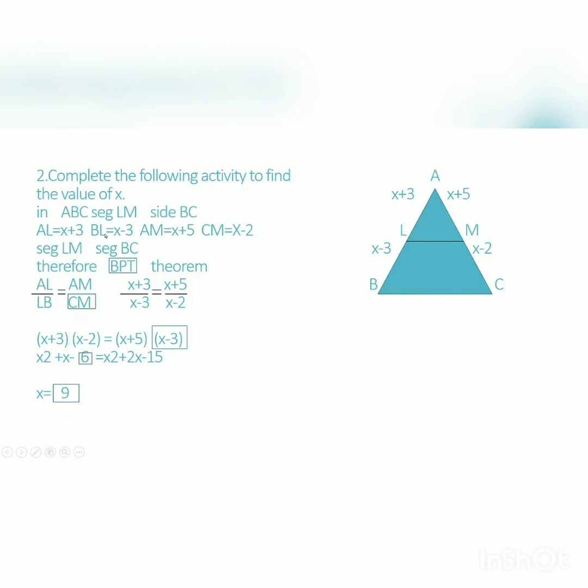Given values: AL is equal to x plus 3, BL is equal to x minus 3, AM is equal to x plus 5, CM is equal to x minus 2. So, AL upon LB is equal to AM upon bracket. You have to write it using the BPT theorem. Actually in this bracket you have to put CM.